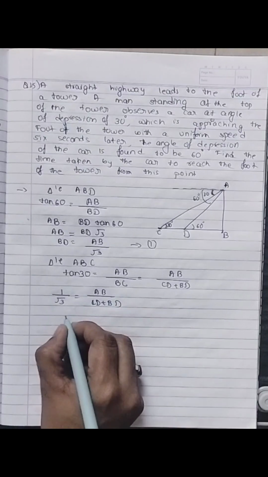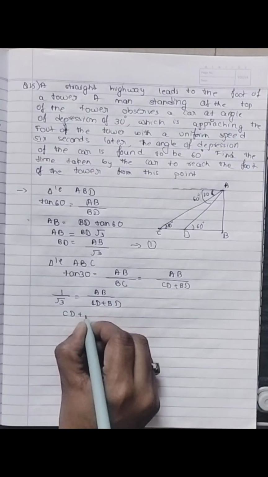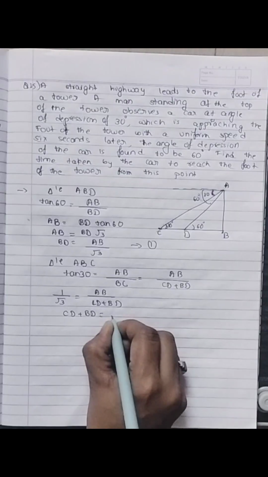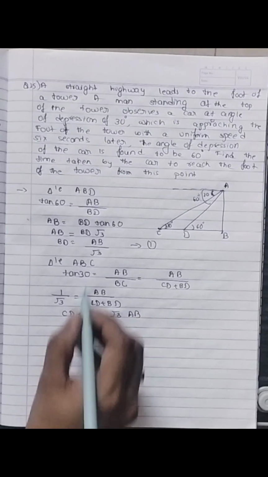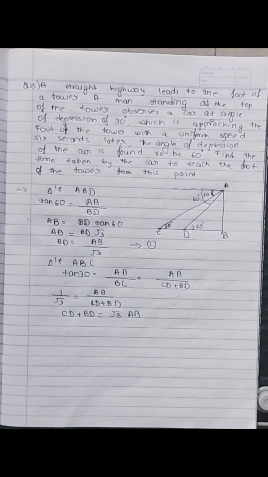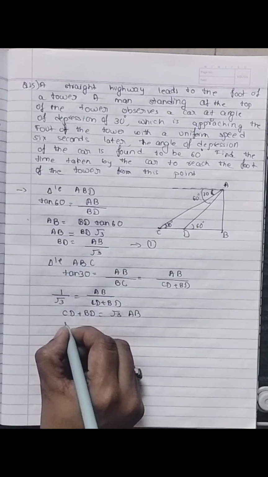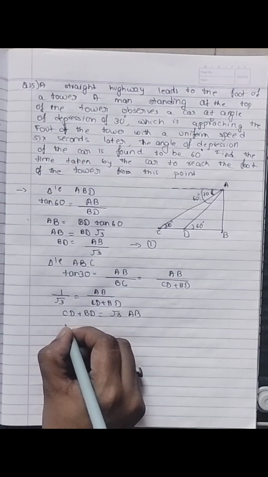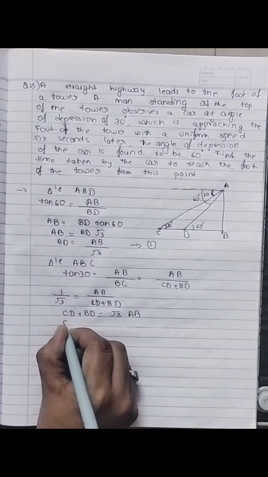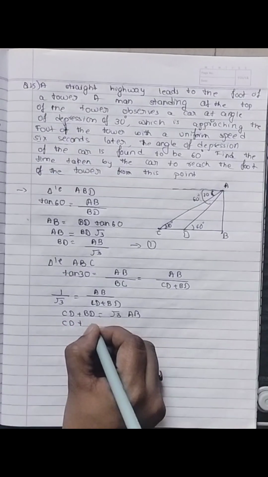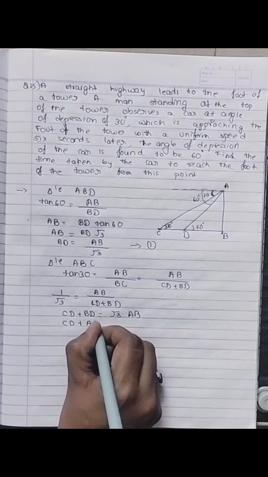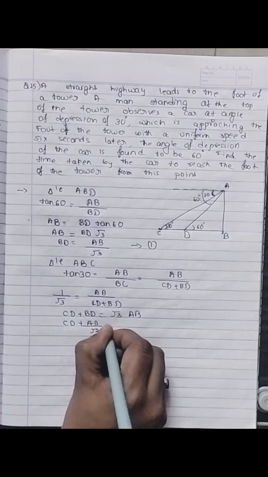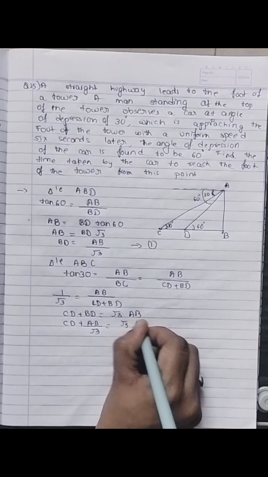So upon multiplication we will get CD plus BD is equal to root 3 times AB. But the BD, we know that it is AB by root 3, right? So we have to substitute that here. So that will become CD plus AB by root 3 is root 3 into AB.